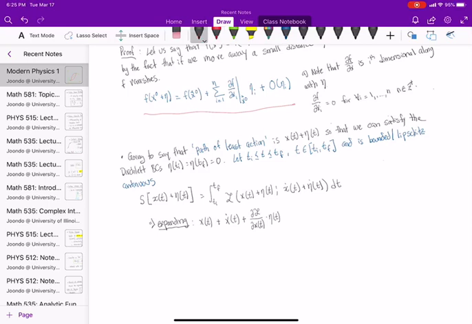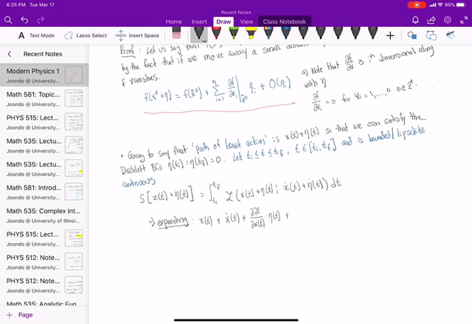Plus eta of t, plus we're going to take another derivative, and we get the partial derivative of the Lagrangian operator times x prime of t times eta prime of t, and so on, plus O of eta squared, eta prime squared. Okay.